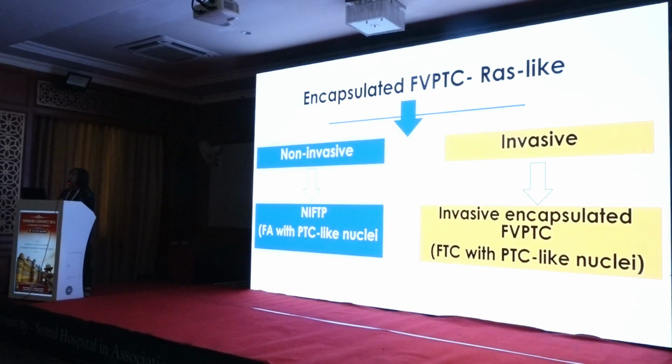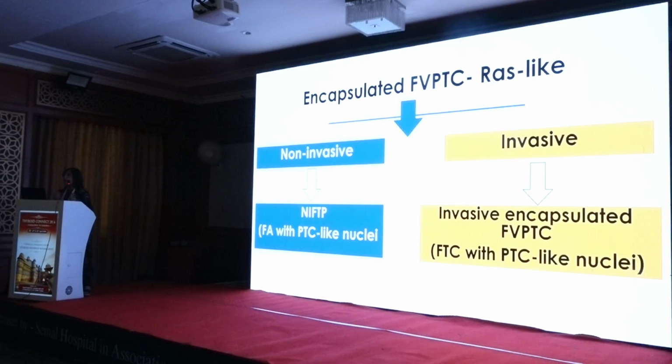So the encapsulated thyroid tumors which have a capsule, which are follicular, are RAS-like. They have RAS mutations or mutations which are similar to RAS. What we have to see in them is, are they invasive? Is the tumor invading the capsule, or is it non-invasive? If it is non-invasive, it behaves like a follicular adenoma.